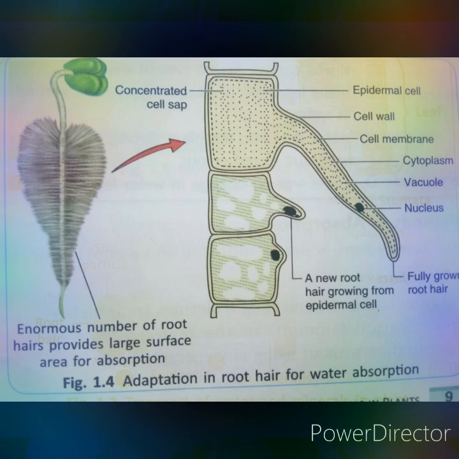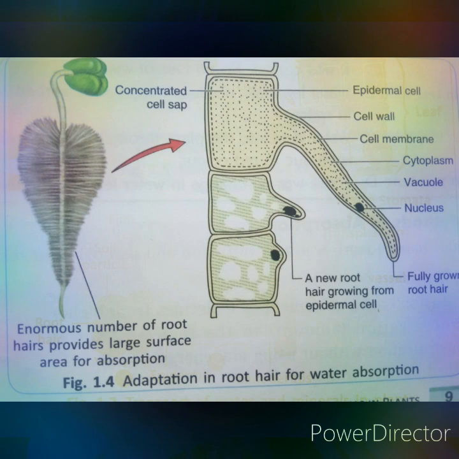Vacuoles are only present in plant cells, not in animal cells, and large vacuoles keep the water for a longer time, as plants cannot move from one place to another, so they have to store the water for a longer time. That is why large vacuoles are present, and the root hairs provide a large surface area for absorption of water, so that a larger amount of water can be absorbed.